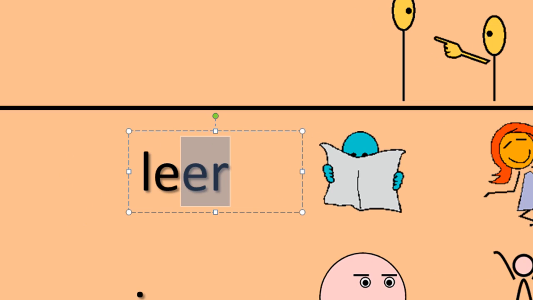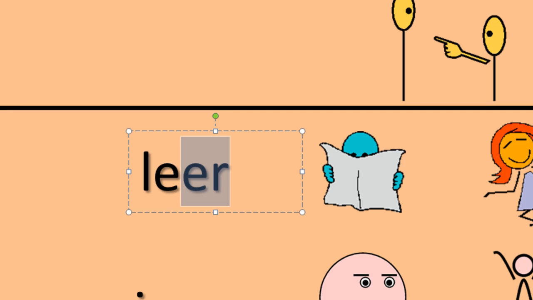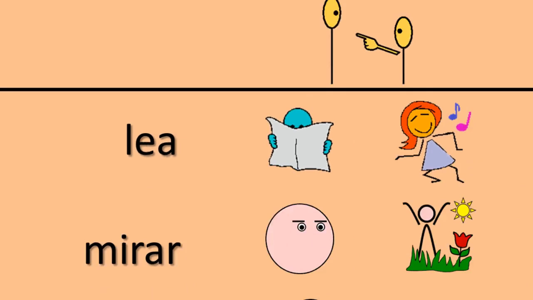So here's what happens. It turns into lea. If your name is Leah, it doesn't have anything to do with the Spanish word lea. So that's what we have done. Now, notice it again. We had leer, and we take those last two letters off and we add the opposite vowel, a. And we'll do the same for every ER and IR verb.